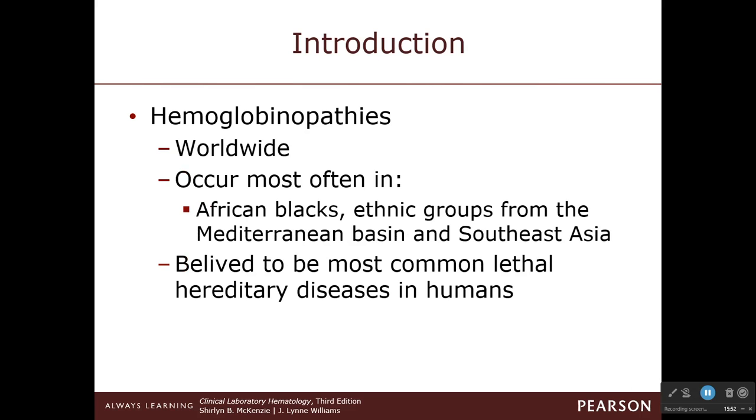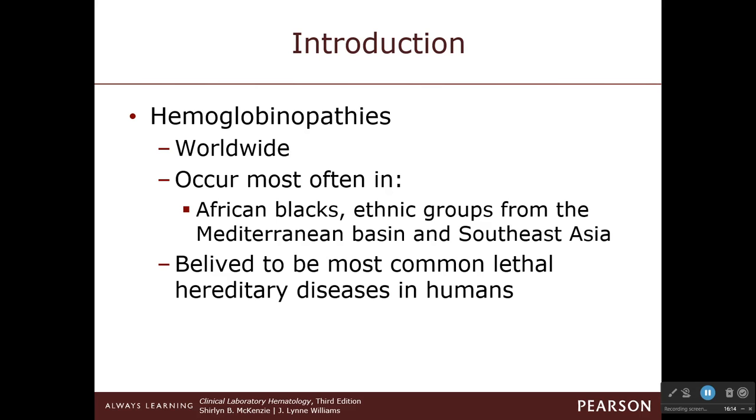So worldwide distribution of hemoglobinopathies. Again, this is not a very Caucasian thing. There are very, very few Caucasians that have hemoglobinopathies. African Americans are one of the main groups. The reason is because hemoglobin S is very, very prominent.